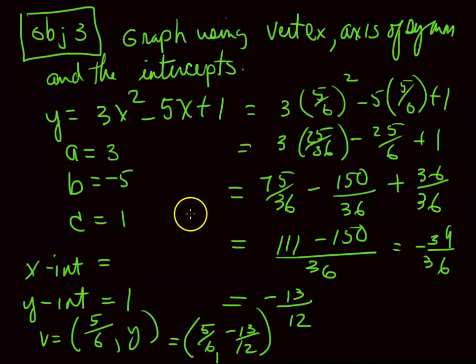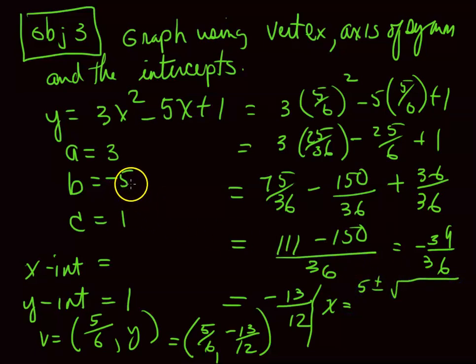The x-intercepts, we have to solve this, and I think I'm going to use the quadratic formula. So x is the opposite of b, 5, plus or minus the square root.